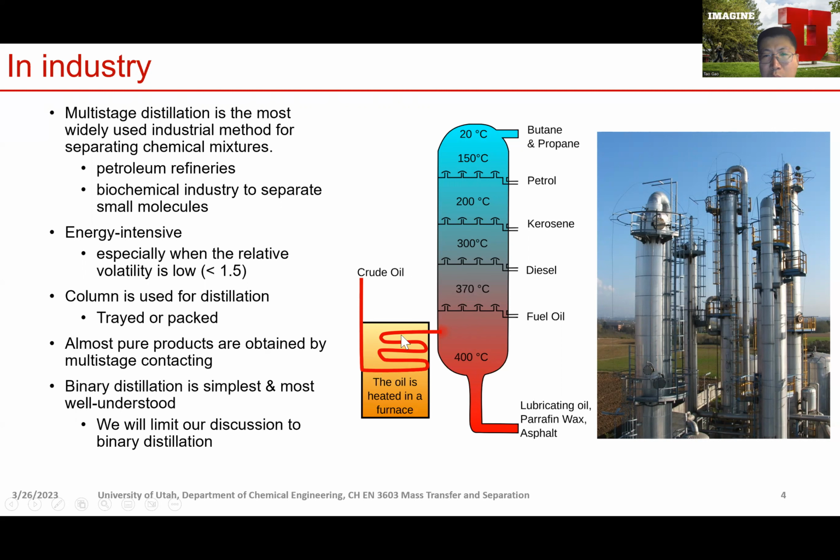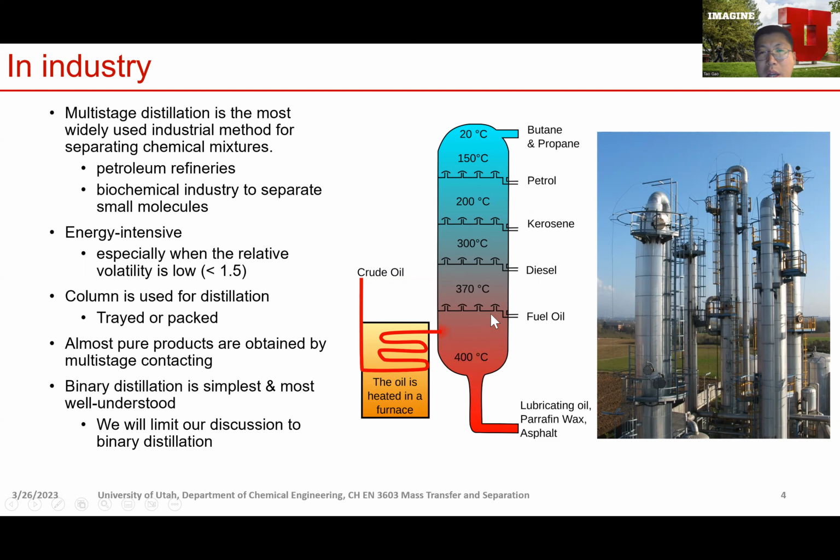So crude oil is fed into this tower, which, in this case, is a tray tower made with many different trays. And it will be heated up. So the more volatile component will go up as a vapor, okay? Then the less volatile component will stay and leave the tower as a liquid.